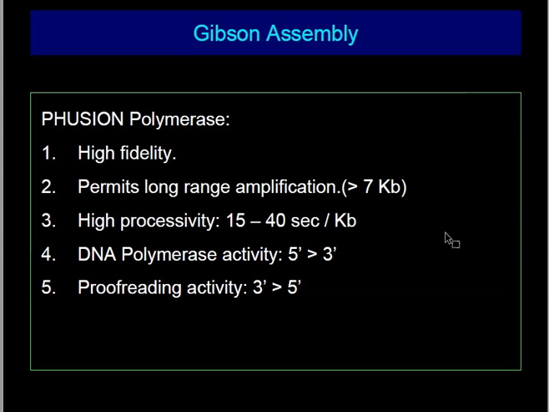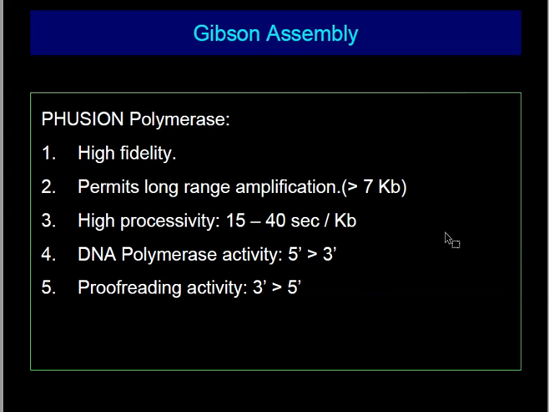It has a high processivity, which implies that it assembles DNA molecules at a high rate, so you have 15 to 40 seconds per kilobase. That means if you had a gene which is about 7,000 bases long, it will require around 280 seconds to process that particular gene. That means your extension time would be in that range.